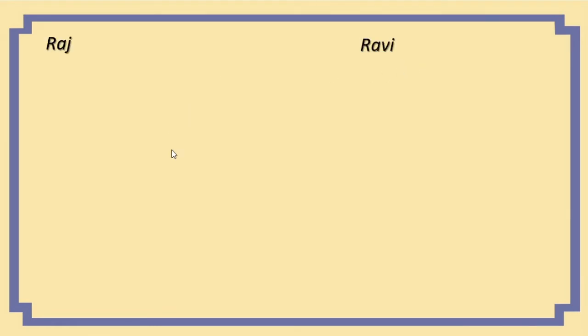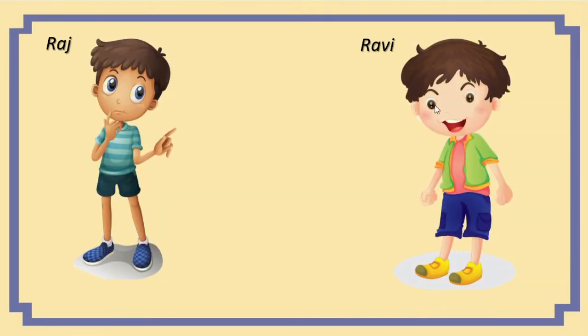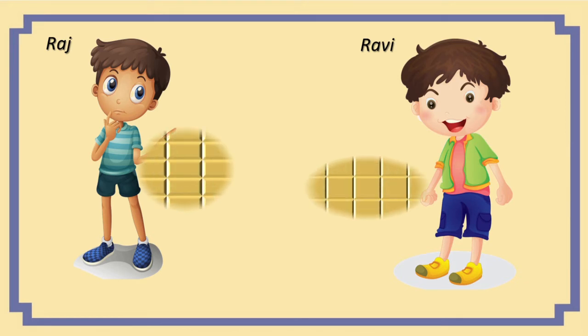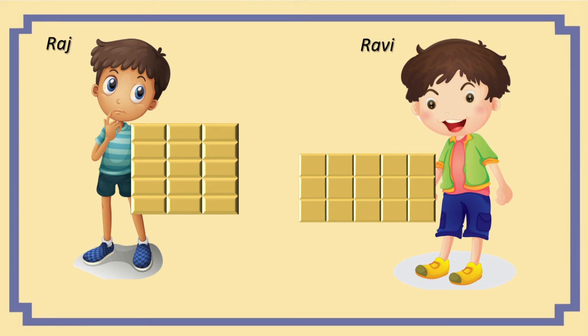Here you can see two children named Raj and Ravi. Both of them are having chocolates, like Dairy Milk or Cadbury. Now here Raj is telling that my chocolate is bigger than yours.